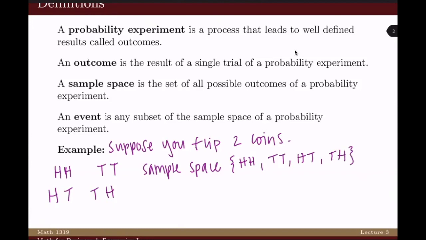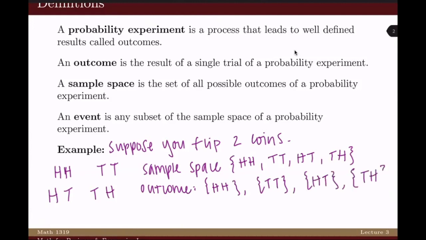These are also all the outcomes. So each of these are possible outcomes. So an outcome can be 2 heads, 2 tails, heads, tails, or tails, heads.